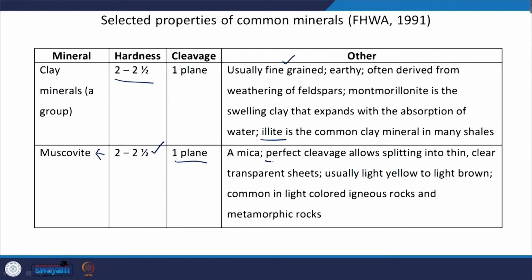And there exists a perfect cleavage plane which allows splitting into thin, clear and transparent sheets. Keep that in mind, because this is one of the significant characteristics of this mineral muscovite. This is usually light yellow to light brown, and this mineral is quite common in light colored igneous rocks and metamorphic rocks.